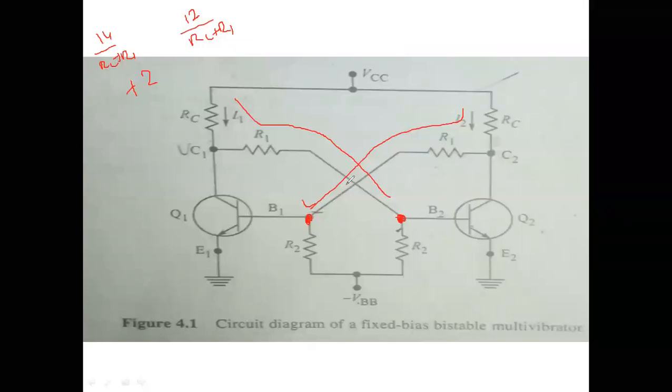Fine, that is nothing but the I3 current, and I4 can also be found on any side. If you consider here, this is I4: VBE sat divided by VBB, minus of minus VB. If you consider here, this is also an I4 current only, 2 minus of minus VBB.